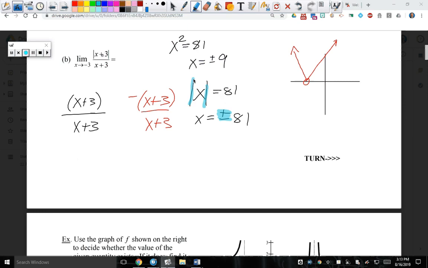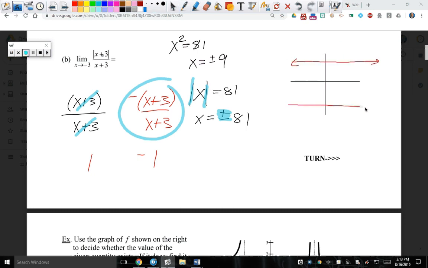Okay? So, guys, what does this cancel to? 1. What does this cancel to? -1. Don't draw this yet. Okay, so what I have is a function that is either going to be a positive 1 or a -1. Don't draw it yet.